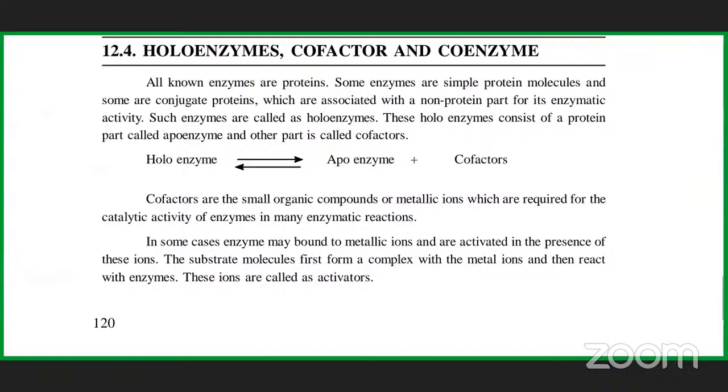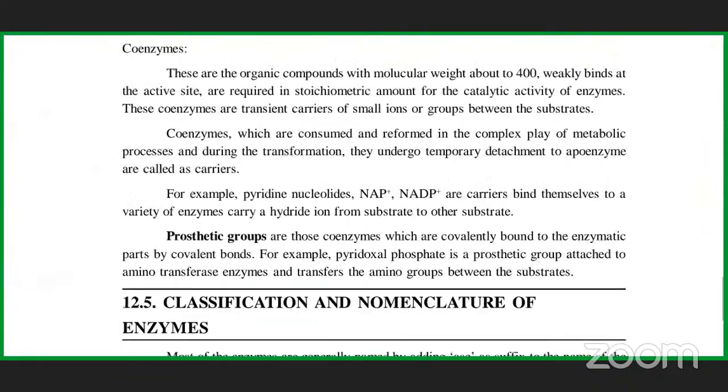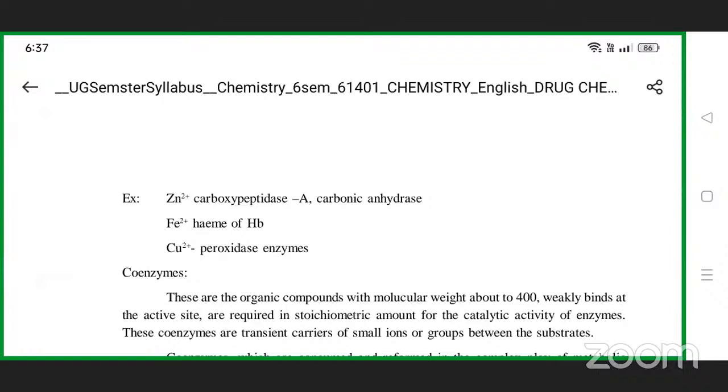These ions are activators. For example, zinc is present in carboxypeptidase and carbonic anhydrase, and iron is present in the heme. Copper, another cofactor activator, is present in the peroxidase enzyme.